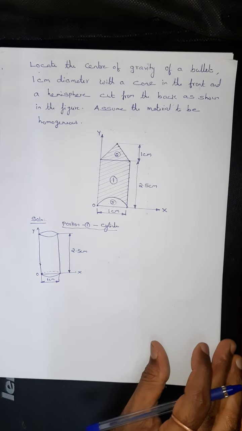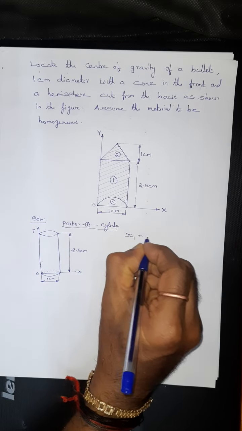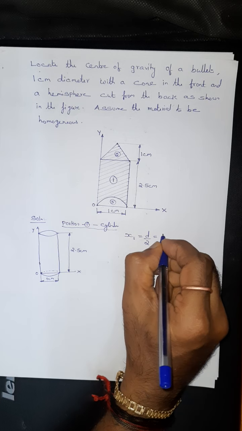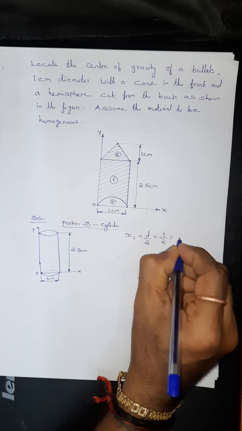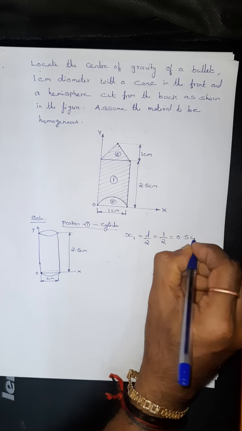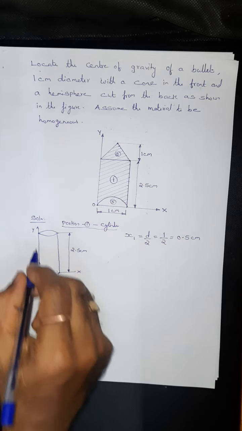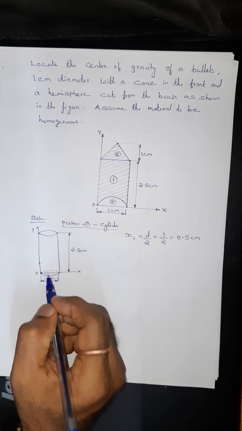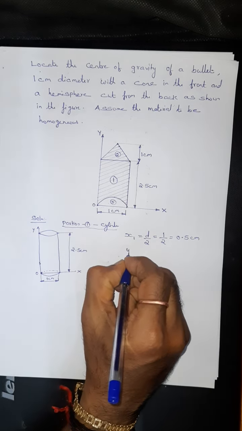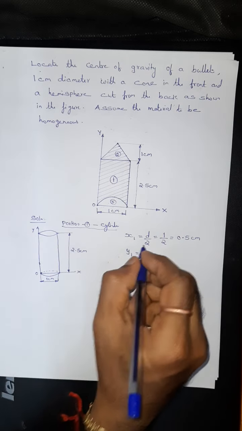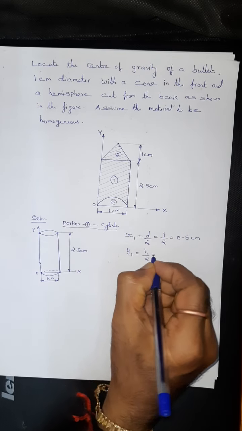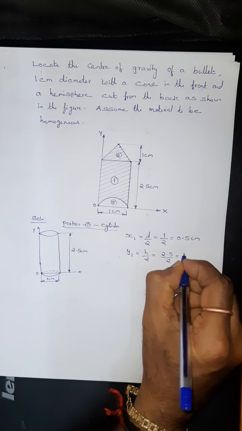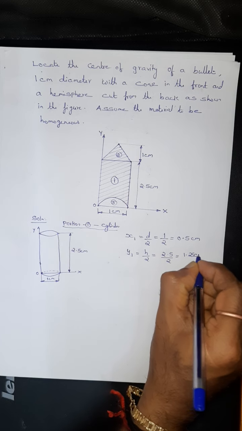The formula for x direction is d by 2, isn't it? So the diameter by 2, where diameter is 1 centimeter, 1 by 2, which is 0.5 centimeter. Because in both the x direction and the y direction, the object is touching the axis, therefore you need to consider the distance. So y1 is equal to h by 2. That height is 2.5 centimeter, which is 2.5 by 2, which is 1.25 centimeter.